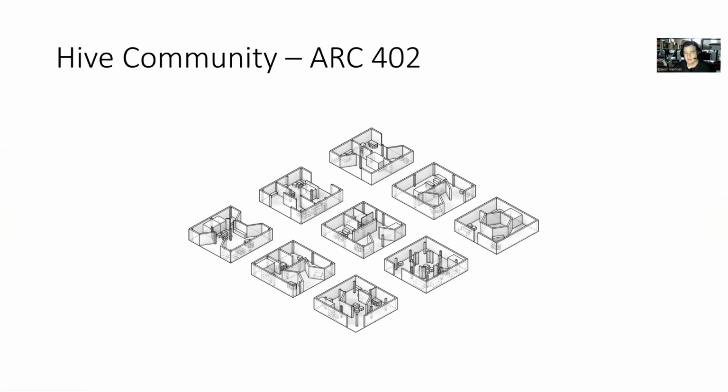That being said, we moved on in our second semester of the year with something called the Hive Community, our first project. In this project, we had modules, certain designs that could be reconfigured and moved in certain ways to create a unique community, a unique pattern of units.